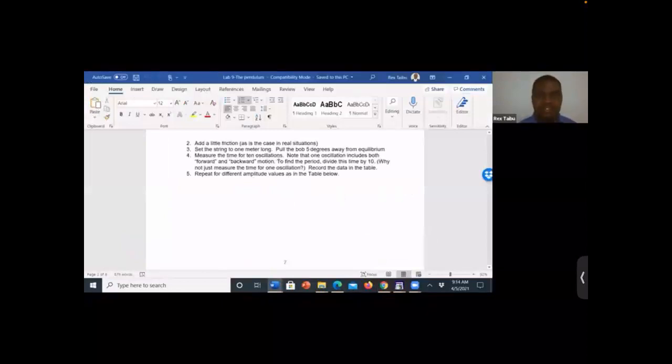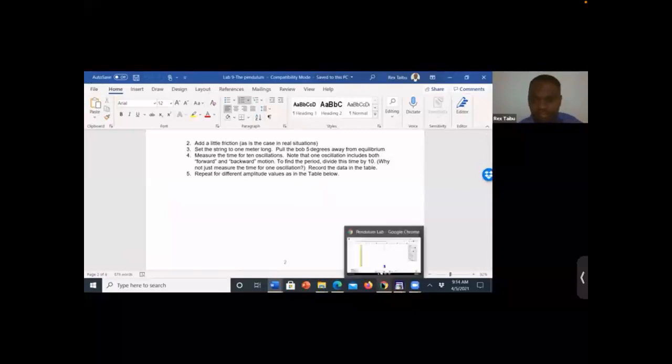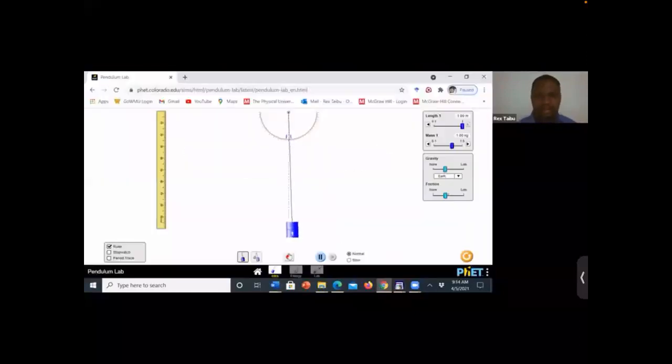Measure the time for 10 oscillations. So we need to measure the time for 10 oscillations. Now we are going to go to the simulation. There's a stopwatch here. Click on the stopwatch here. So I'm going to count when the bulb is at the maximum displacement, maybe at 5 degrees.